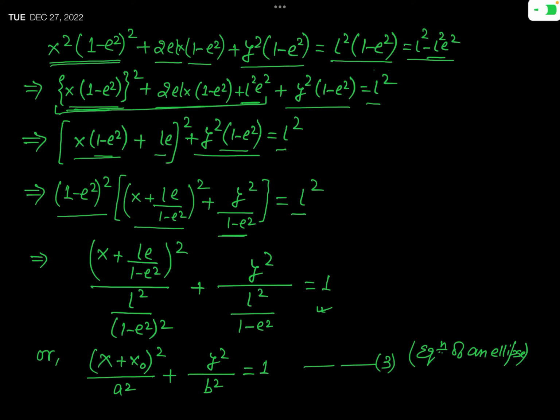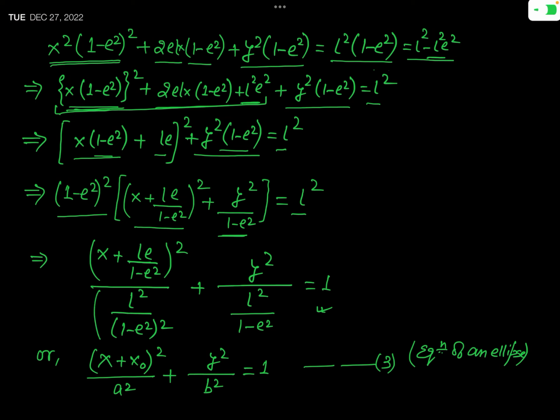Now let us put x naught in the place of Le over (1 minus e square), and L over (1 minus e square) is substituted by A. And L over root over (1 minus e square) is substituted by B.